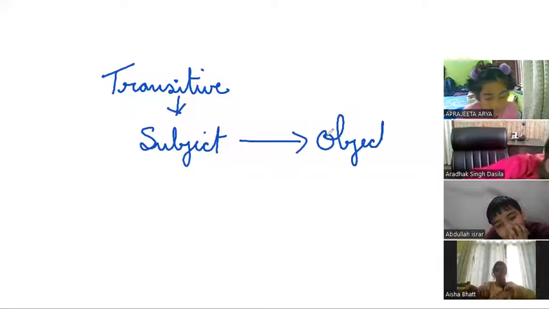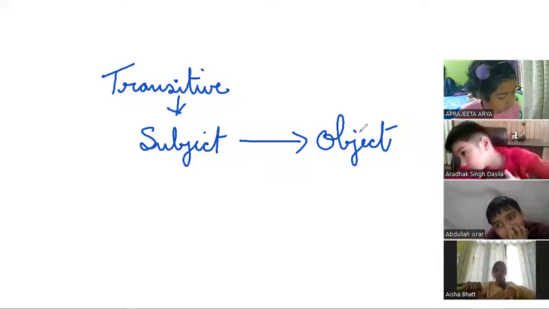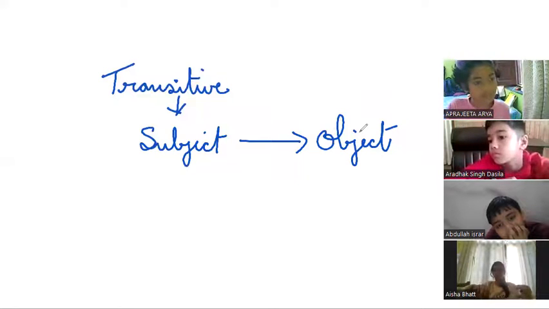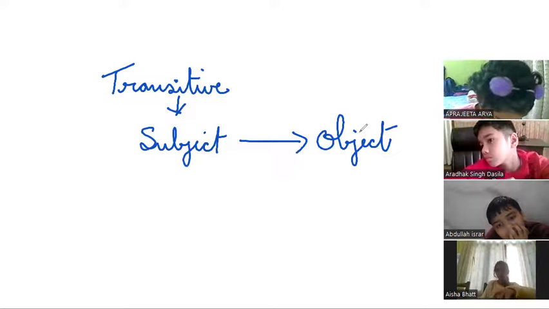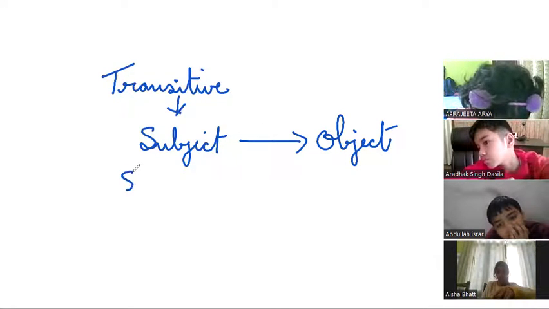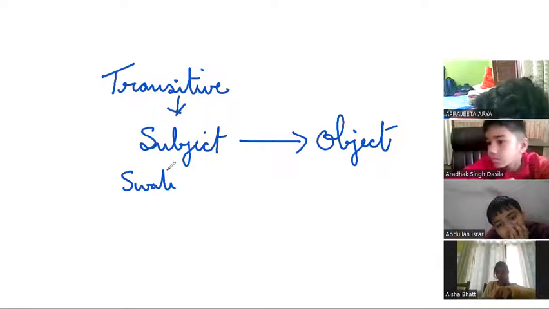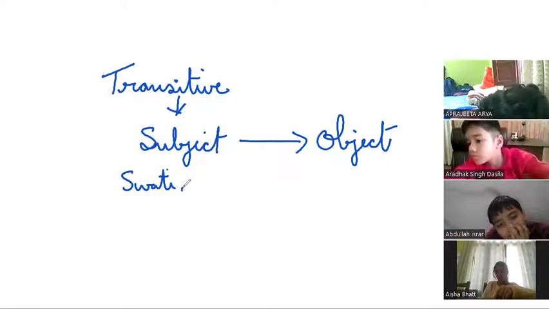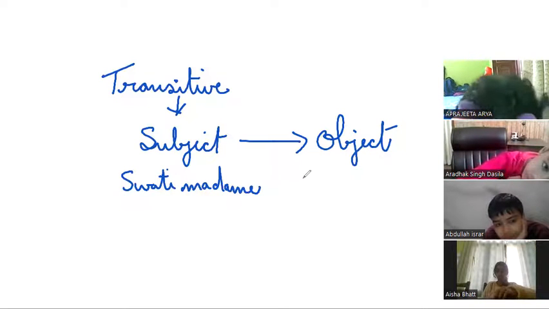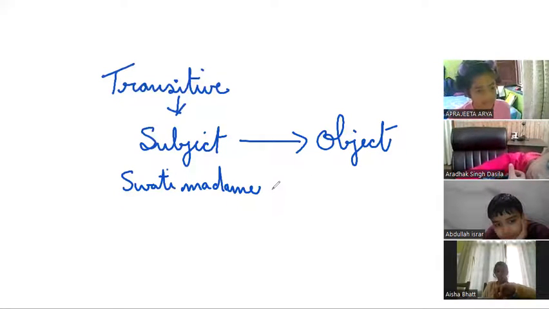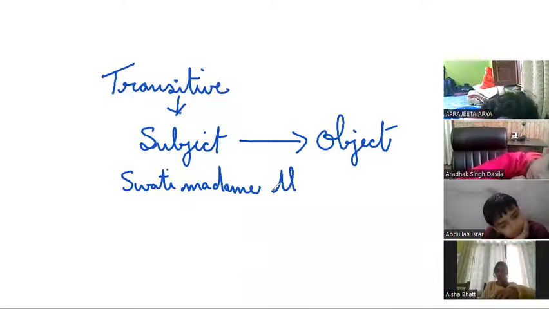Last time, if you would have watched my videos or you were in the class, you would remember what is a subject and what is an object. Subject is the doer of the action, object is the receiver of the action. So, for example, if I say, Swati madam threw the ball.